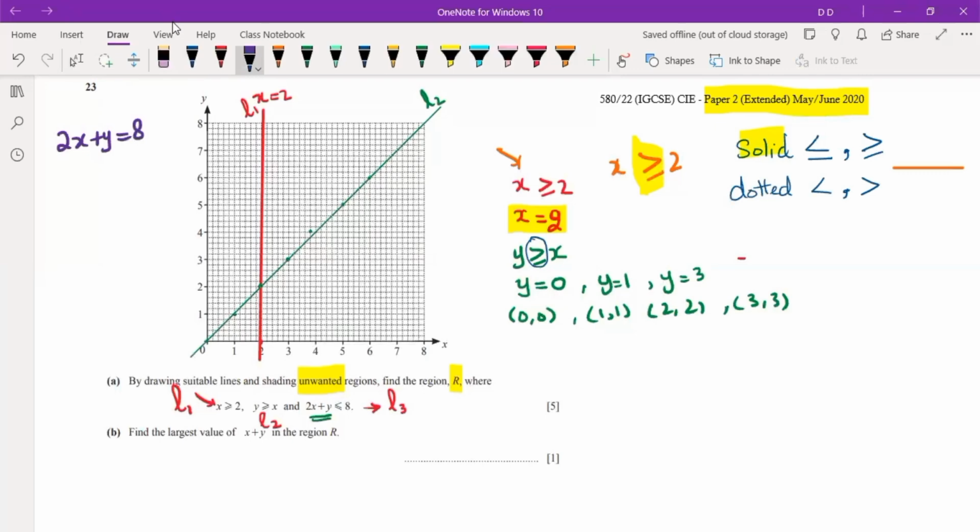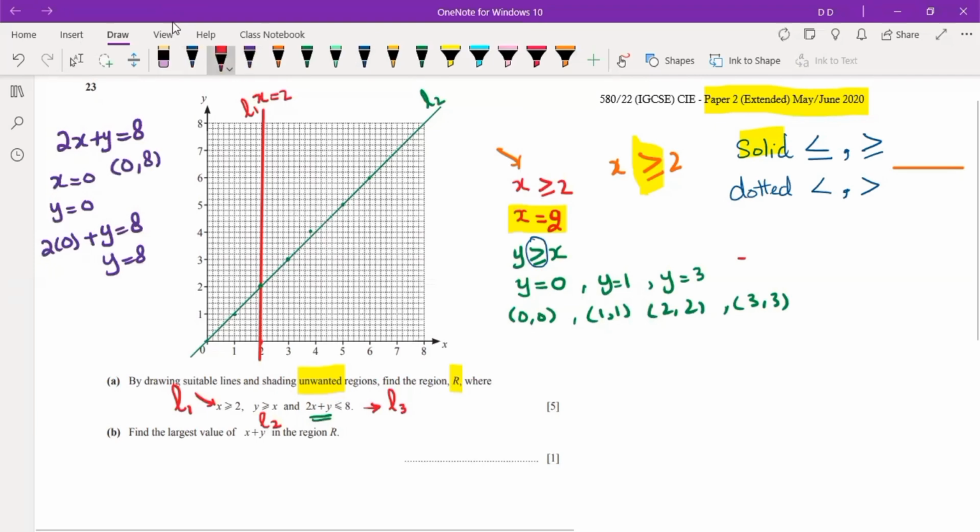Remember one thing: you can find two extreme points of the equation directly by substituting x as 0 and then by substituting y as 0. If we plug in 0 as x, then we get y as 8, and the first pair of coordinates will be 0 and 8.